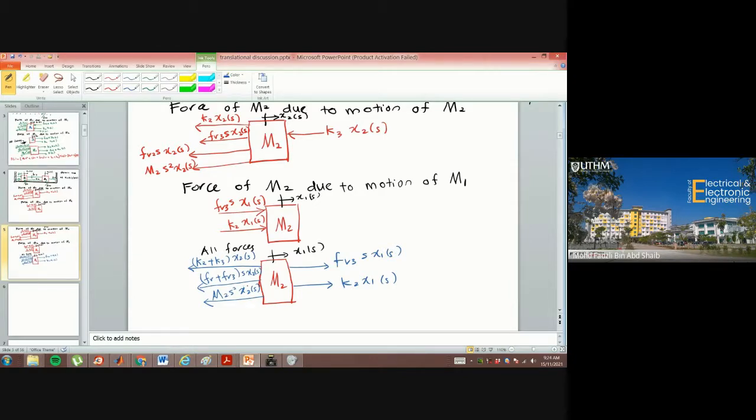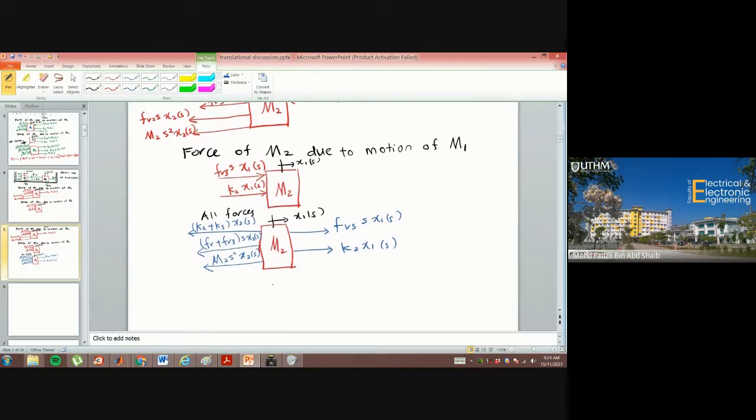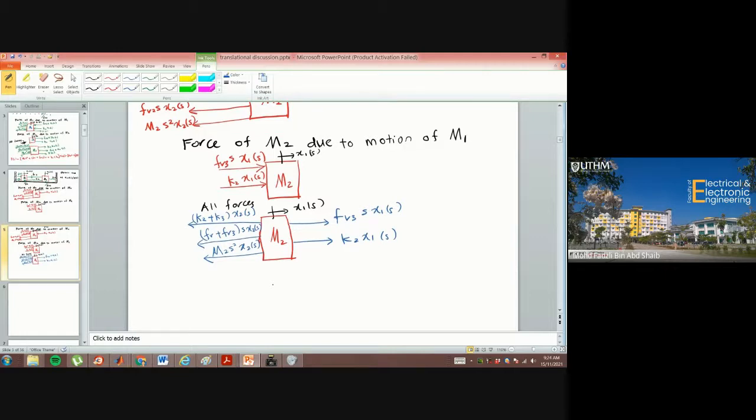Now the equation for M2. Sorry, this is quite a long equation.